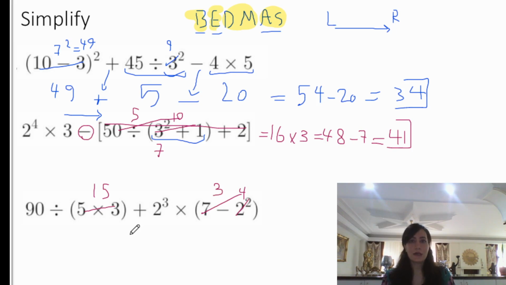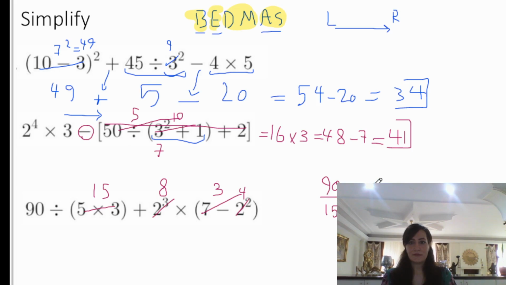I will go for the other operations. Do I have an exponent? Yes, here. Do I have more? No. So I have to go for division or multiplication. Here I have division, which gives me 90 divided by 15.